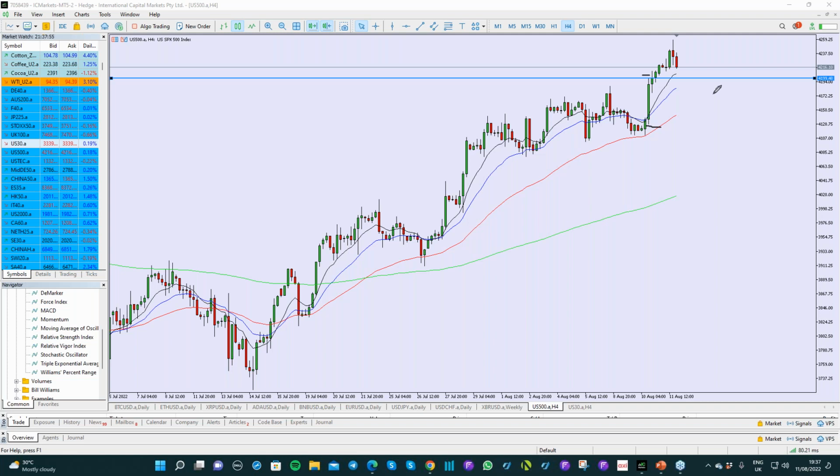Whereas this candle here, I would say it would be classed as a medium-sized candle. That makes more sense to me because if my entry is at the bottom, stop loss at the top, by the time price got up to this horizontal level, I've made 2 times my risk already.